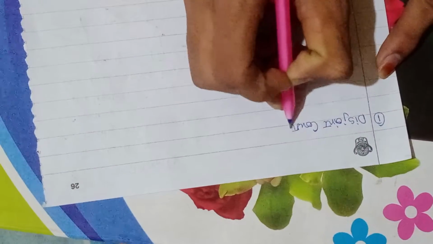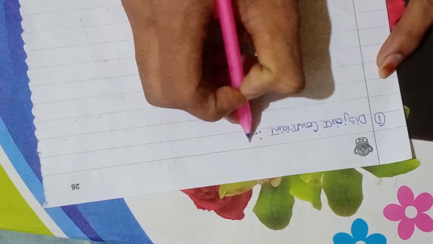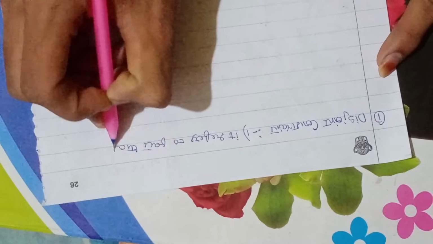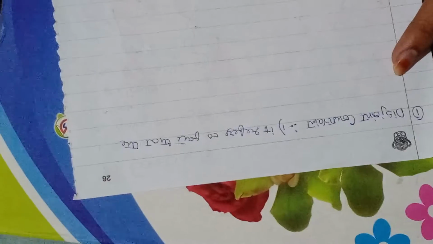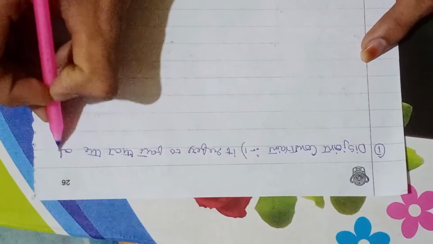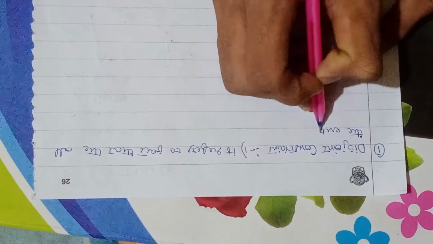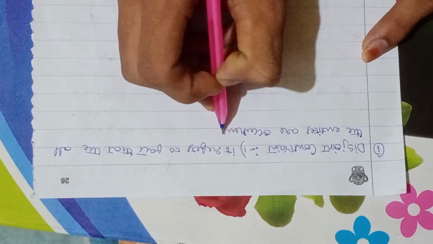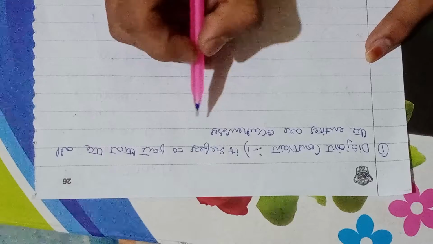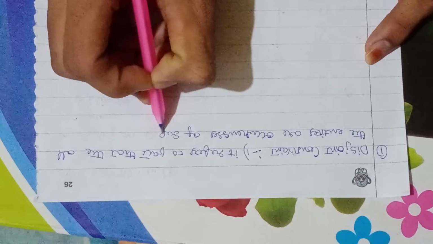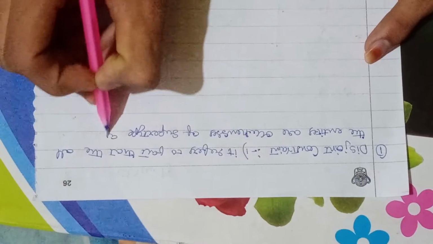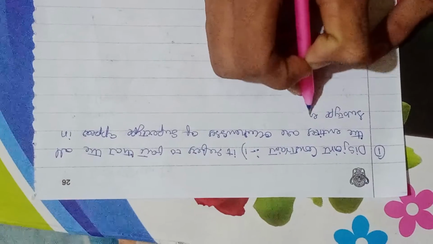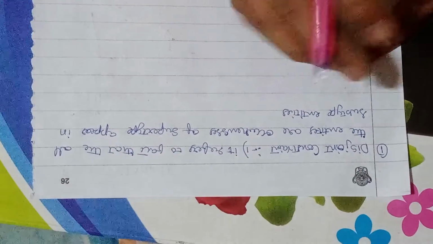Disjoint constraint means, first point, it refers to the fact that all the entity occurrences of the supertype appear in subtype entities without overlapping.